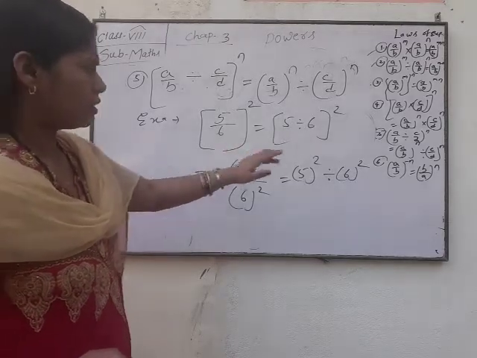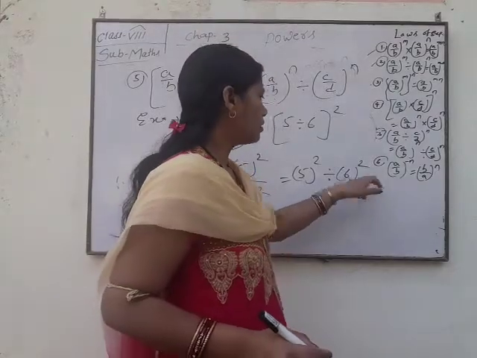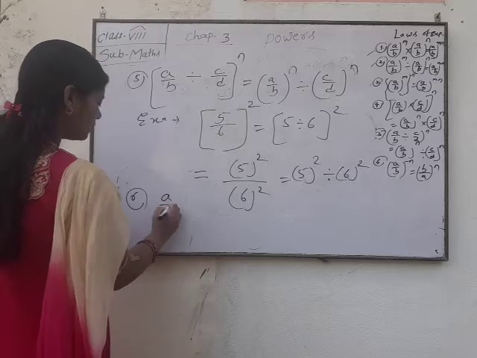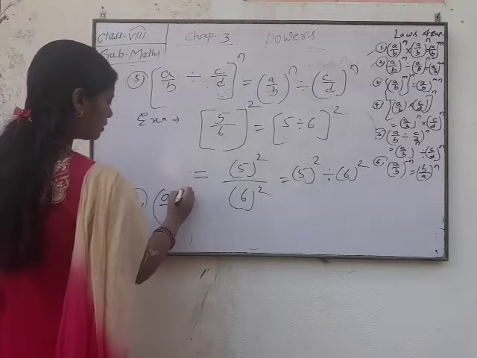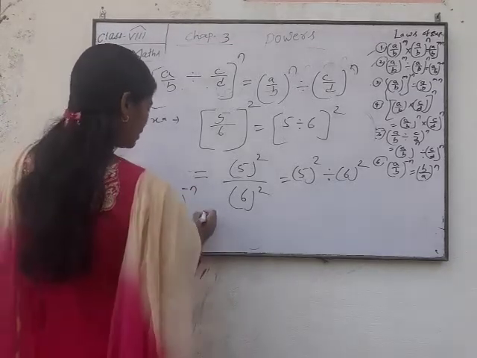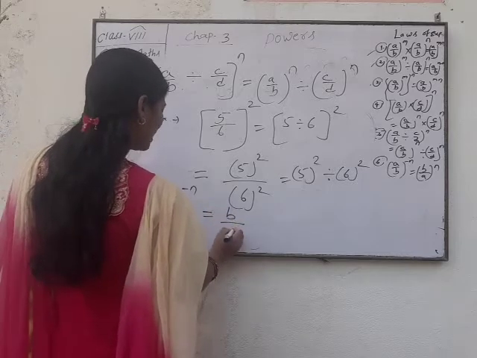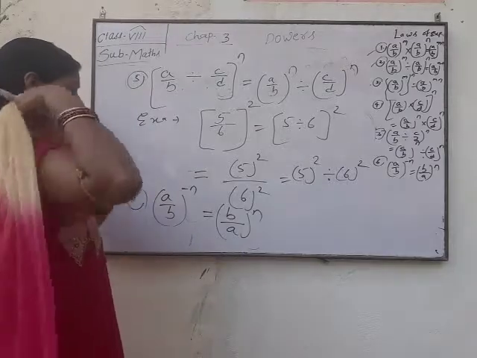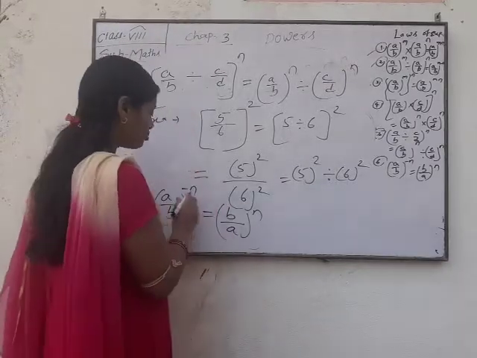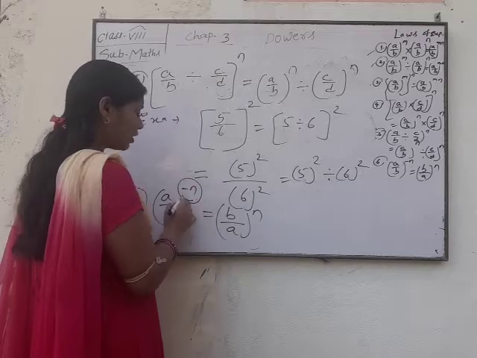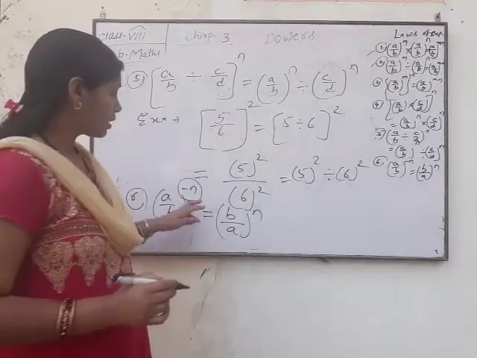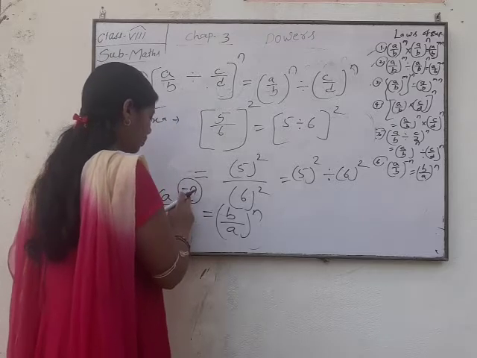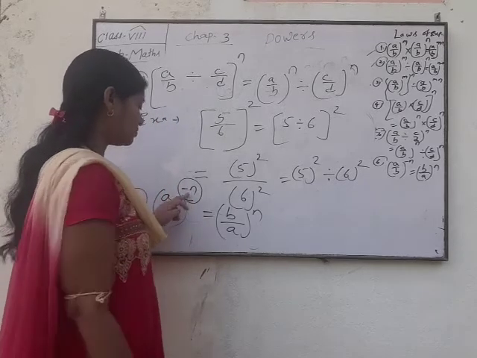Now, last is your a by b to the power minus n is equal to b by a to the power n. How? Your a by b to the power minus n, it means your exponent is negative, minus.